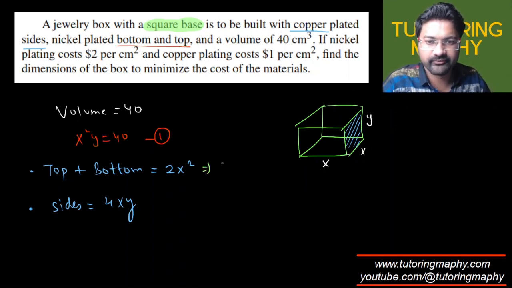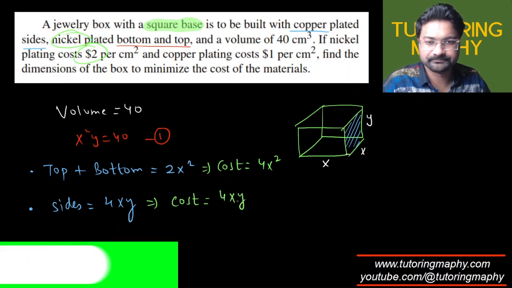Okay. So what is the cost now? The cost of the top plus bottom is nickel, the cost of nickel is $2. So the cost will become 4x squared because 2 times 2x squared. And for the sides, the cost is going to be $1 per centimeter squared. So it's just 4xy.